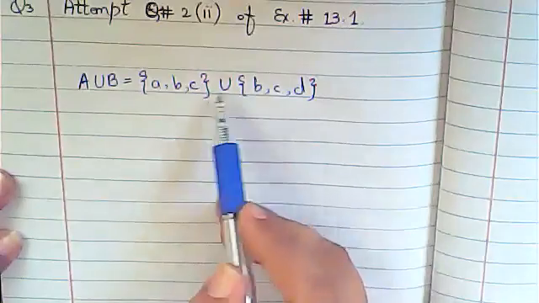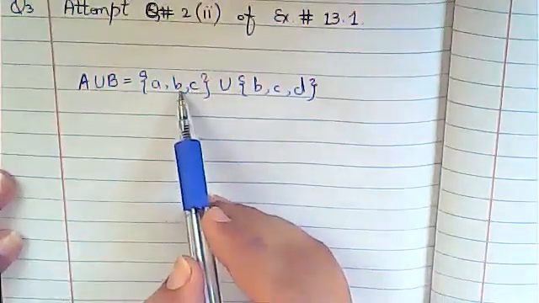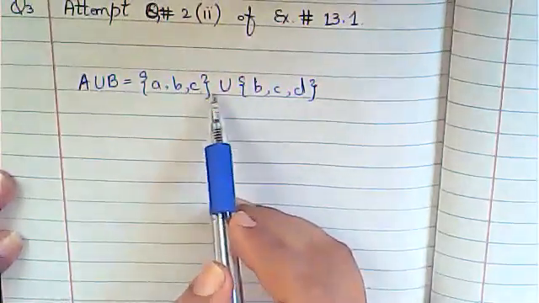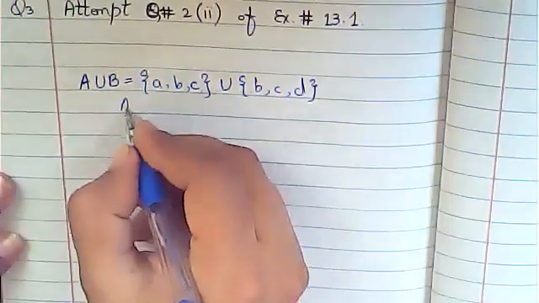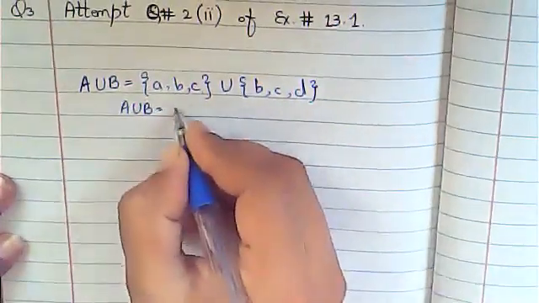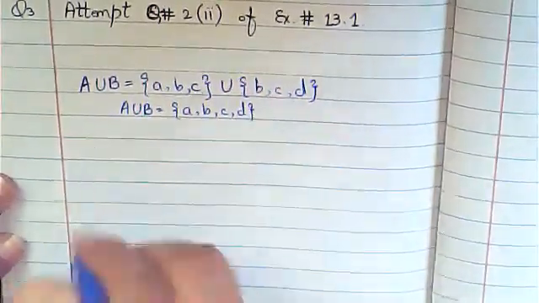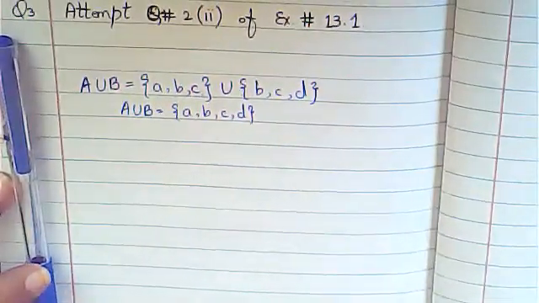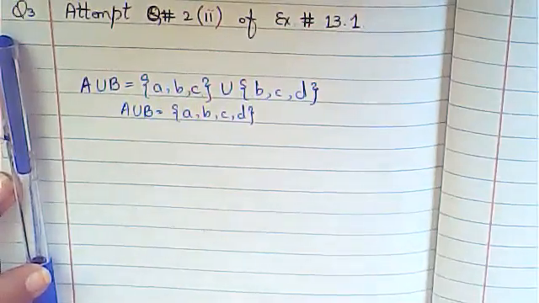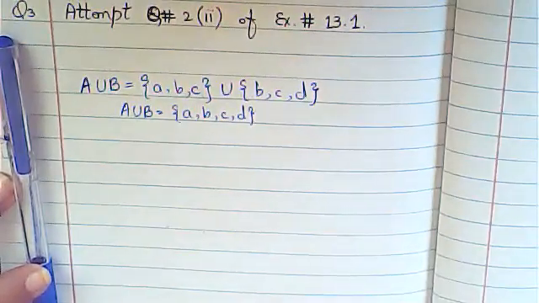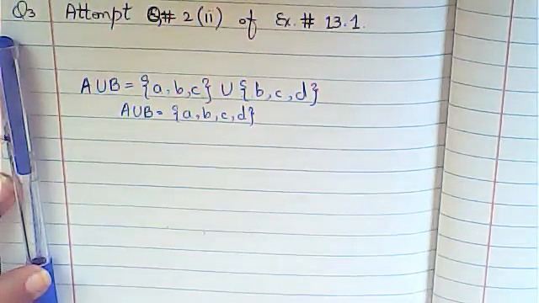Now, you have to combine two sets in such a way that the numbers that are repeating, you write only once. So the answer will be A union B is equal to A, B, C, D.